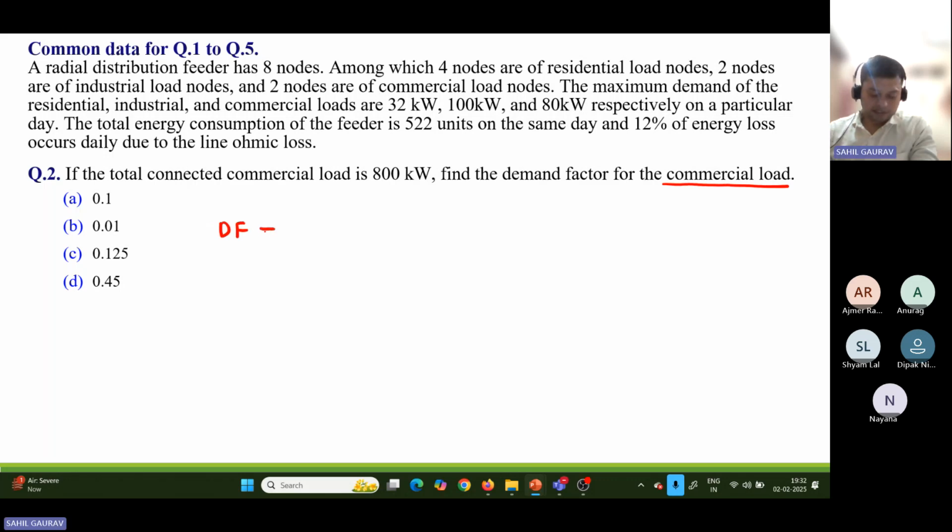So it is asking about the commercial load. The demand factor expression is maximum demand upon total connected load.